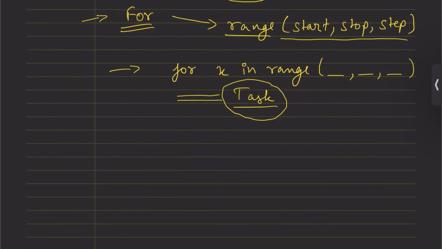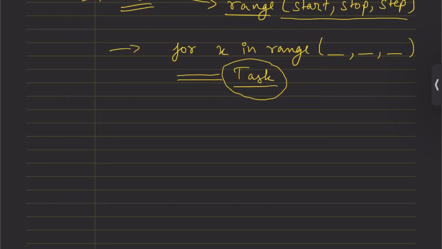So let's write a program for printing numbers from 1 to 10. How can we write that? We can write it like this. First we write the name of the loop, that is for. Then I'll use a variable name, let's say x. Then I will write in range. Then I will use the value 1 because I have to start from 1, and I have to print numbers from 1 to 10.